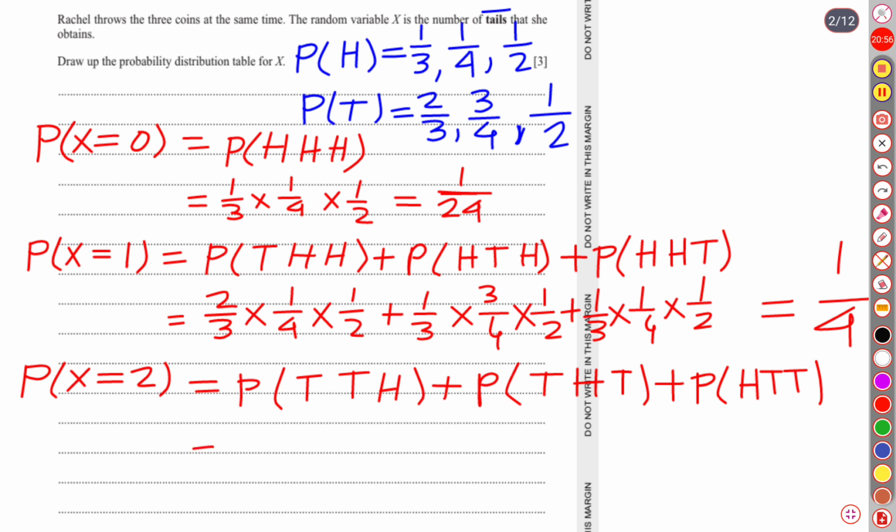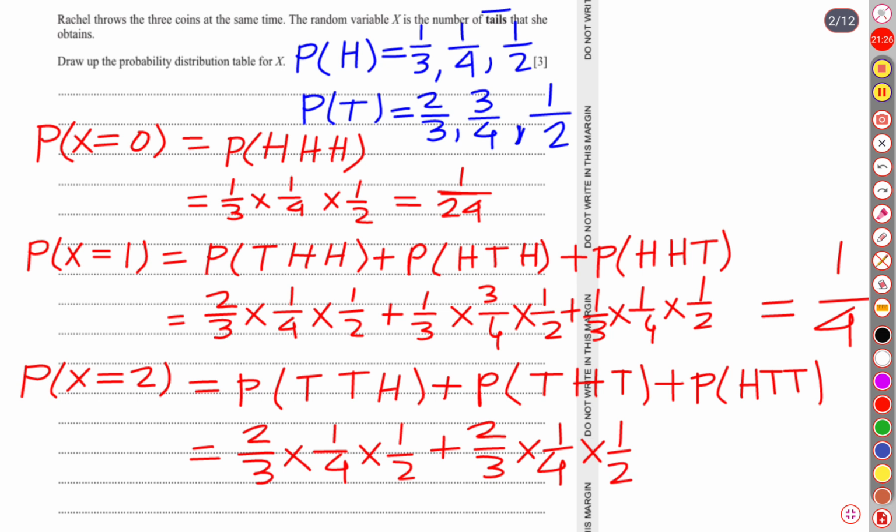So let us write the probabilities. For first tail, probability is 2 over 3 and the rest 2 are heads, so 1 over 4 and 1 over 2. For the second case, if first one is tail, it is 2 over 3. For the second head, it is 1 over 4, and the final one is fair, so it is always half. Plus, if first one is head, it is 1 over 3 and the rest 2 are tails, so 3 over 4 and half.